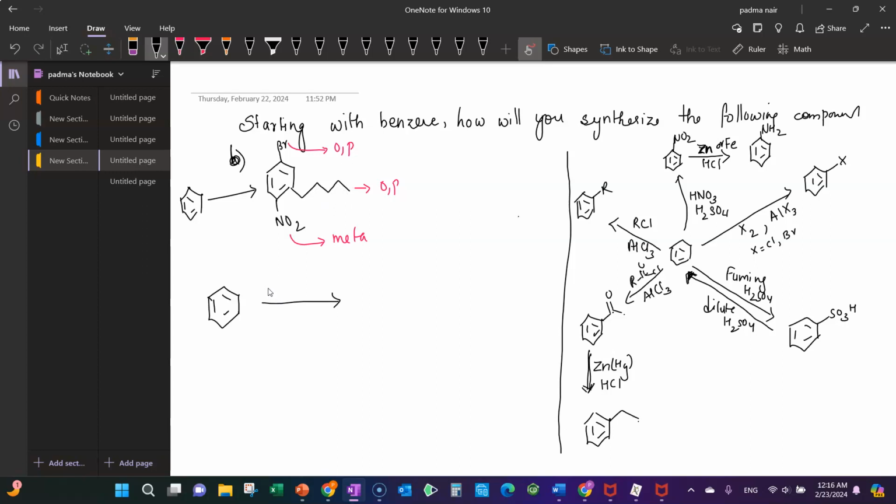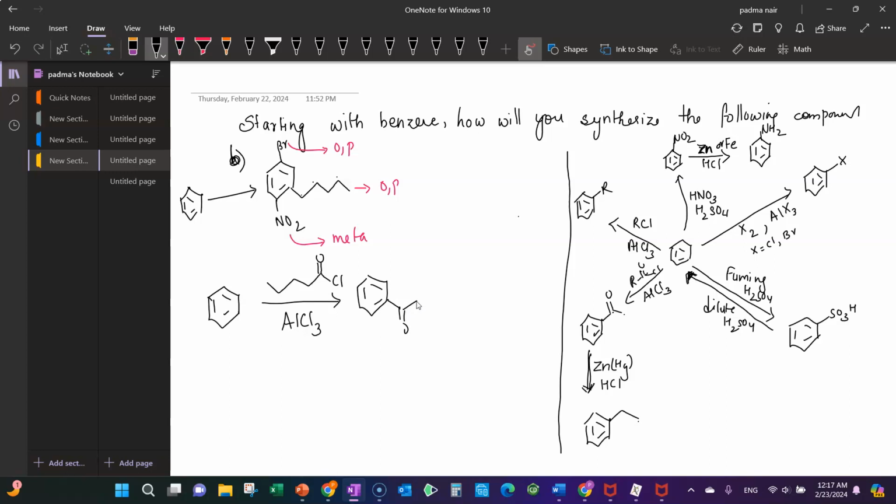So the best method would be to use an acyl chloride with a total of 5 carbon atoms, right? Because we need 1, 2, 3, 4, 5. I have an acyl chloride here. Okay. Don't forget the Lewis acid, AlCl3. This will place my acyl group on the benzene ring.